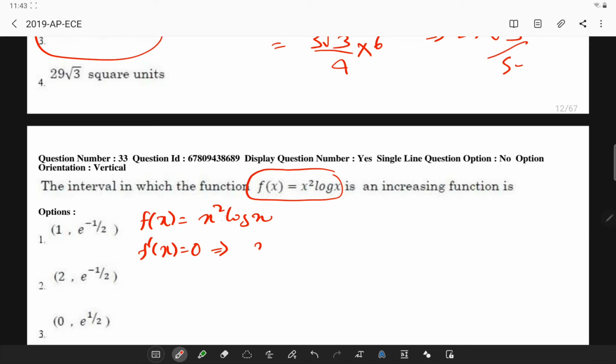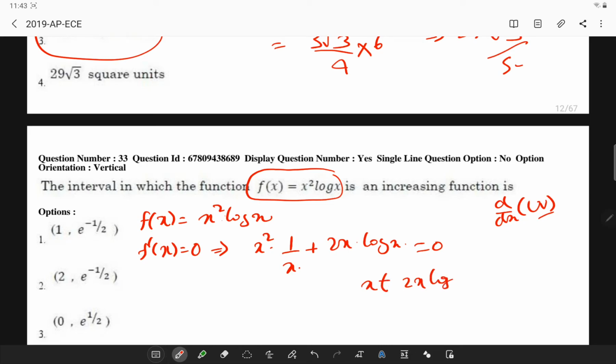So f dash x: the derivative of x square into log x, the uv formula is to be applied, plus 2x into log x. So I will get x plus 2x log x is equal to 0, or if I take x common, it is x into (1 plus 2 log x) is equal to 0.